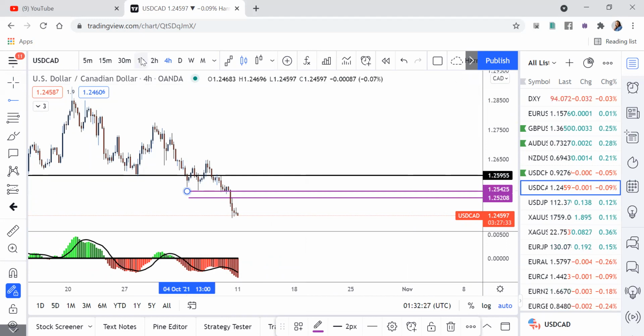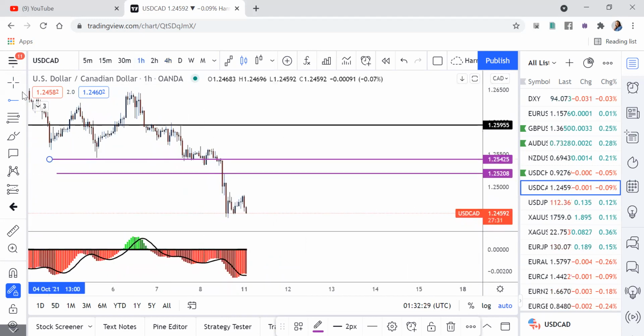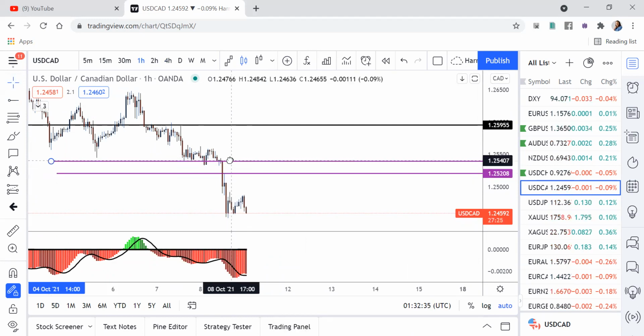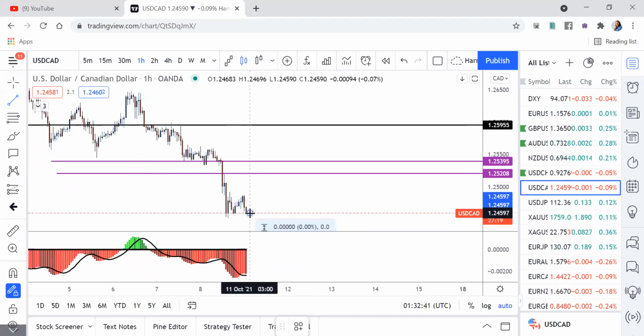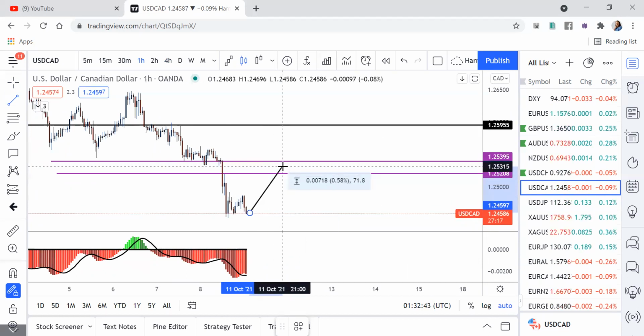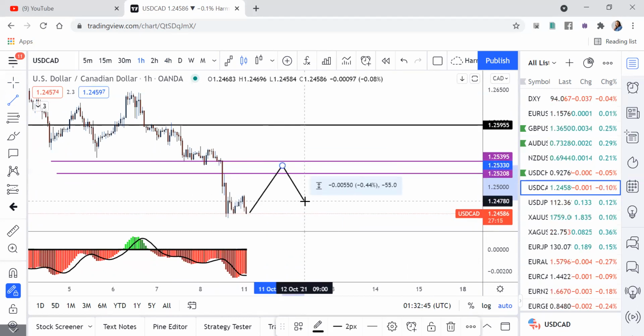This is your imbalance candle. So you're going to wait for price to come back into our area of imbalance and then look to sell.